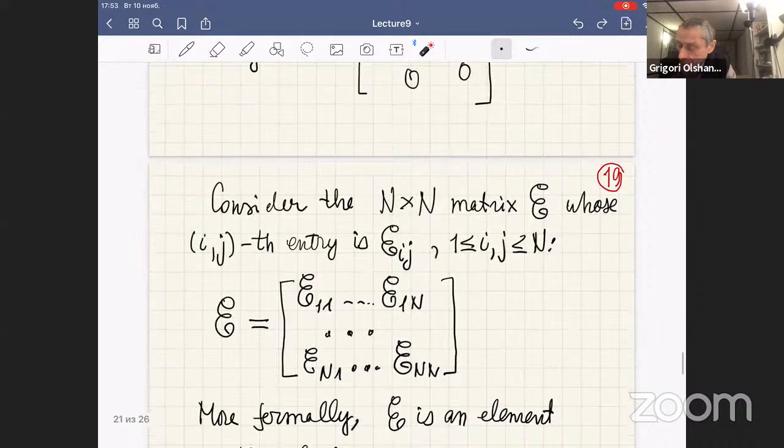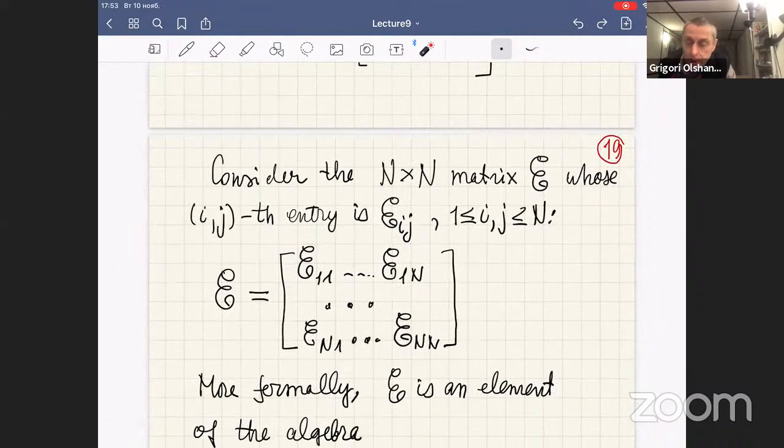Next, some attention is needed here. What is done here? We consider, at first glance formally, a matrix which is composed from these matrix units. So we place this matrix unit into this matrix. One can say this is a matrix composed from matrices, but it's not so terrible.